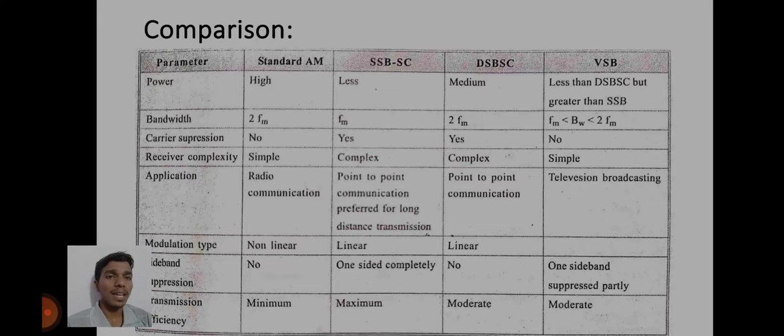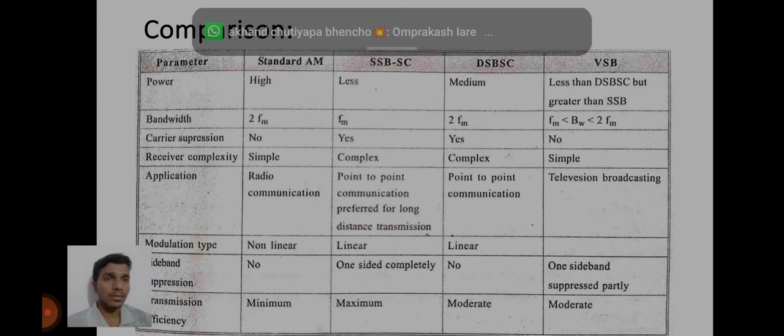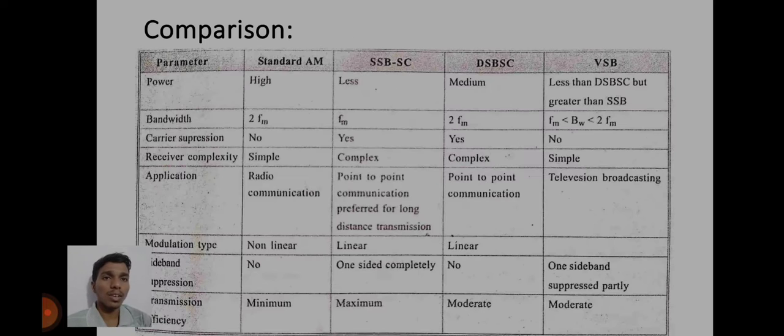In standard AM it is 2 FM, because the carrier to lower sideband it is FM, and the carrier to upper sideband it is FM. So FM plus FM, 2 FM.